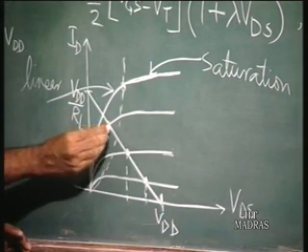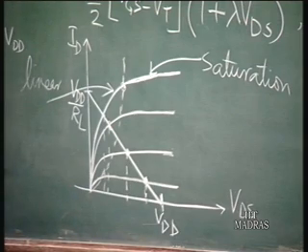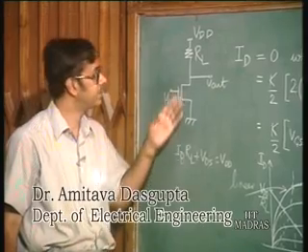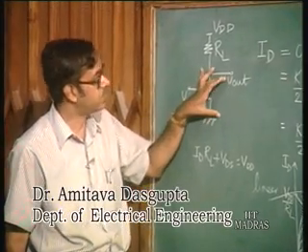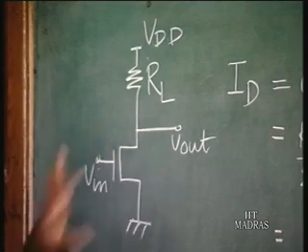As you go on increasing the input voltage, the drain to source voltage keeps on reducing, and the drain to source voltage is the same as the output voltage of this circuit.